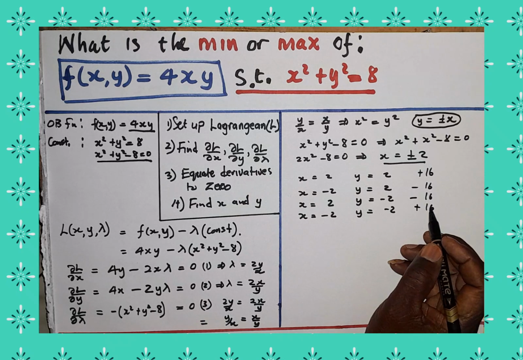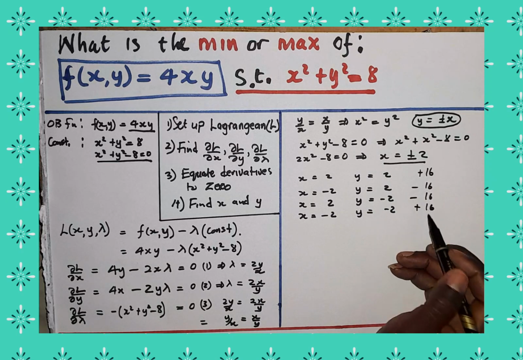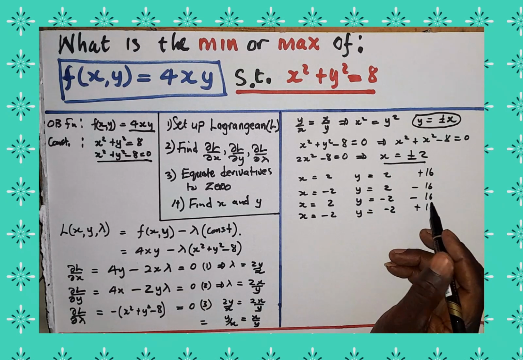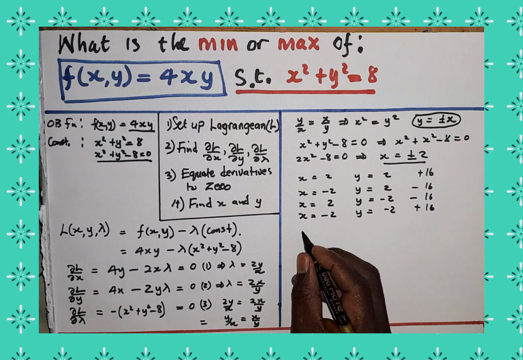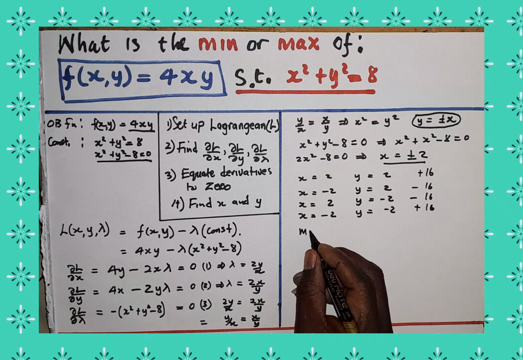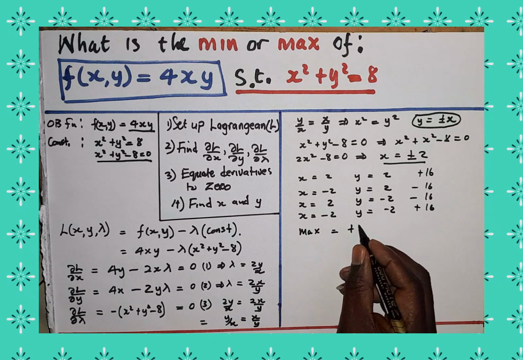So there are two possible values for our f of x given these scenarios. One is a plus 16 and the other one is a minus 16. So we can conclude that the maximum value for f of x will be equal to plus 16.